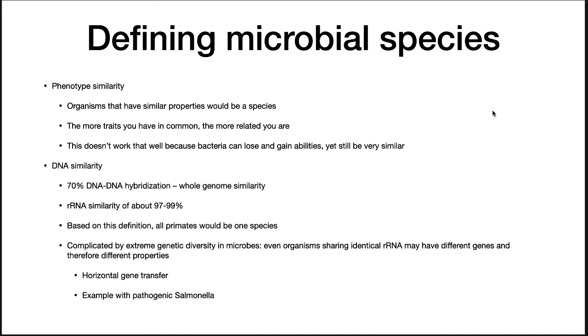Trying to determine a species in bacteria gets even more complicated by extreme genetic diversity in microbes. Even organisms sharing identical ribosomal RNA may have different genes and therefore different properties. How can this be? It turns out bacteria will happily exchange DNA through various mechanisms.